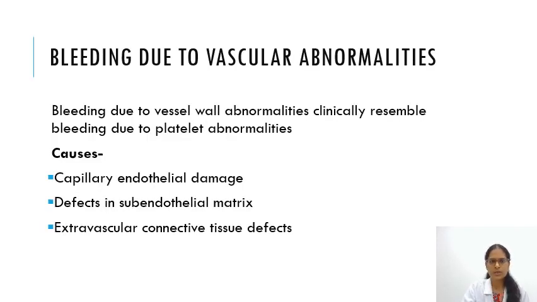So coming to bleeding due to vascular abnormalities, the bleeding due to vessel wall abnormalities clinically resembles bleeding due to platelet abnormalities. So clinically we cannot differentiate whether the bleeding is due to vessel wall or platelets. The causes can be any capillary endothelial damage, defects in the subendothelial matrix, or any connective tissue defects.